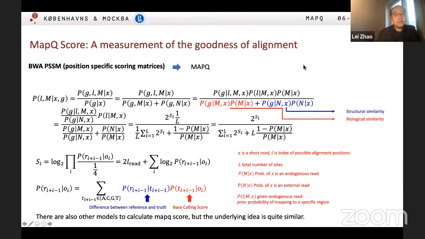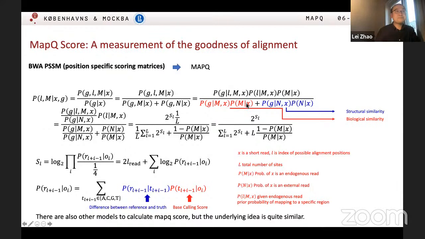So we come to the last slide of the MapQ score. As we discussed before, there will be a biological similarity and also a structural similarity. I just remind you the biological similarity is that the reads come from this reference material, but maybe there are some repeated biological regions where you can map these reads. So this is this part.